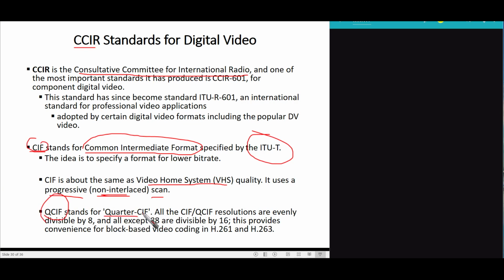Now the QCIF standard is basically a resolution where the image size is divisible by 8. It is divisible by 8 because this is used for block based coding and decoding, that is highly used in H.261, H.263 and that kind of thing, and we will study that later on.